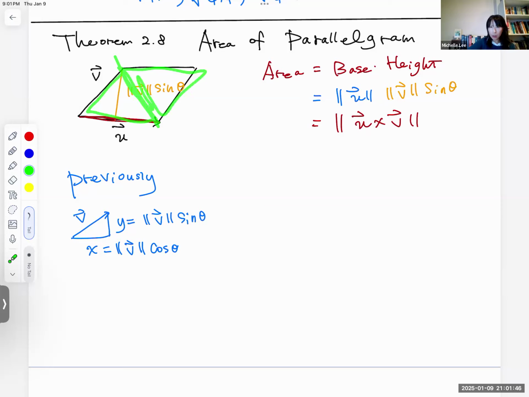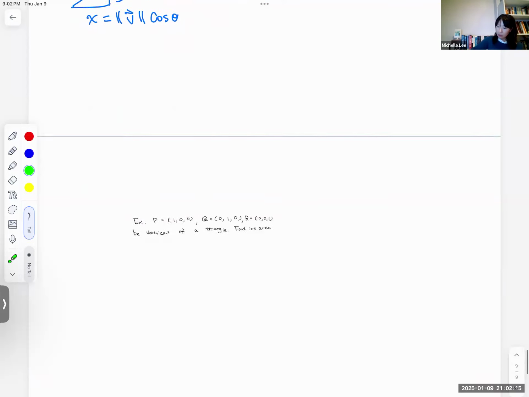So we find the area of a parallelogram by using the formula, then we divide by 2 later on. That will be the area of a triangle. Make sense? That's why the formula of a triangle comes from the area of a parallelogram. Okay, let's do it.